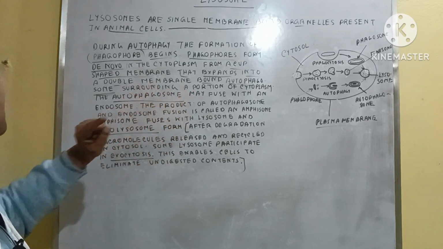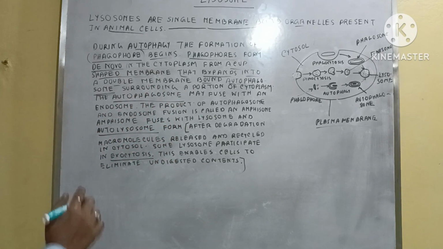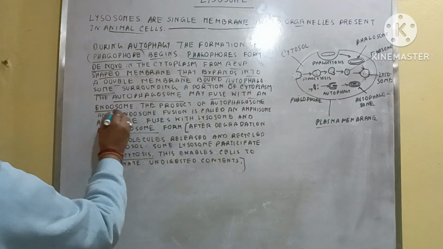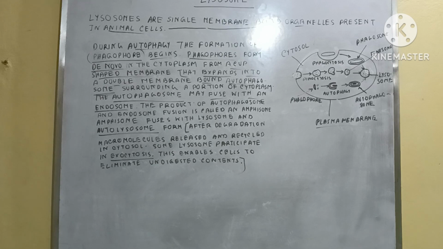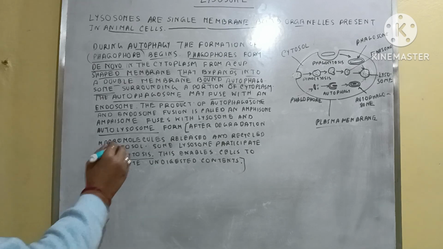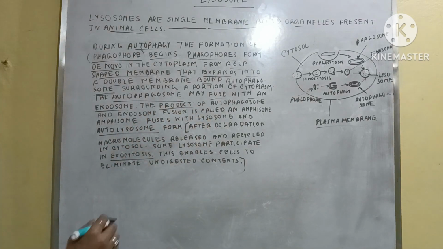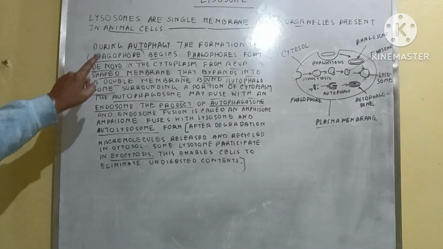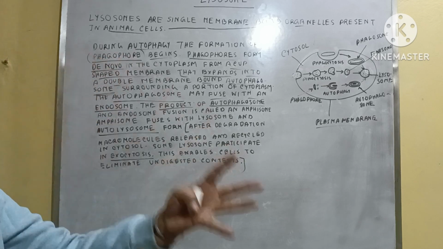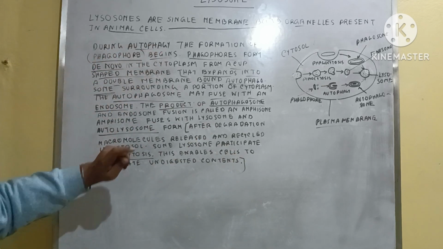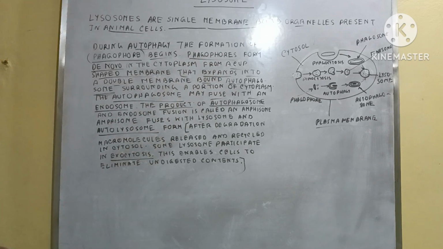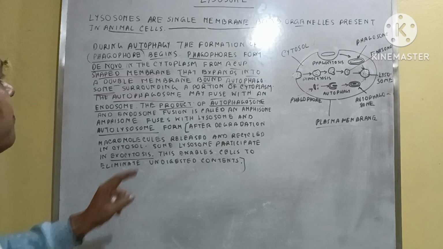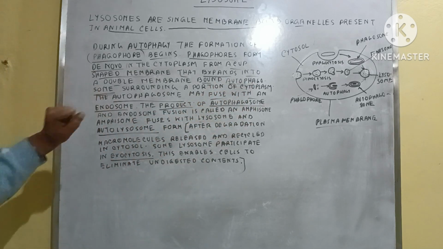This autophagosome may fuse with an endosome. So what will happen here? First, phagophores are formed during autophagy. These phagophores expand in shape and size and form the autophagosome.